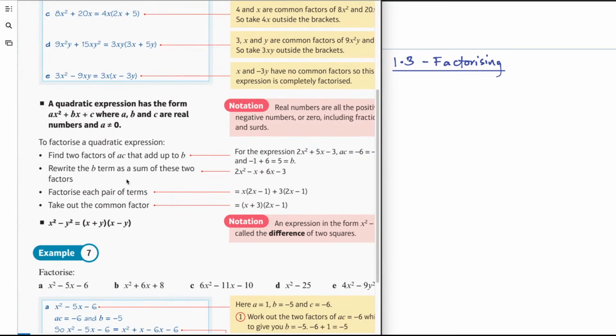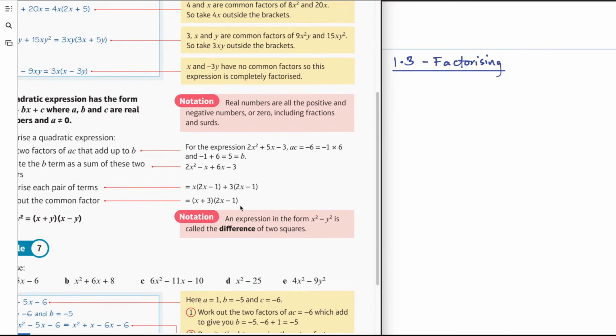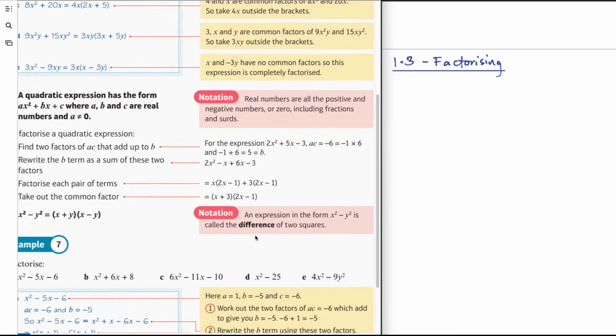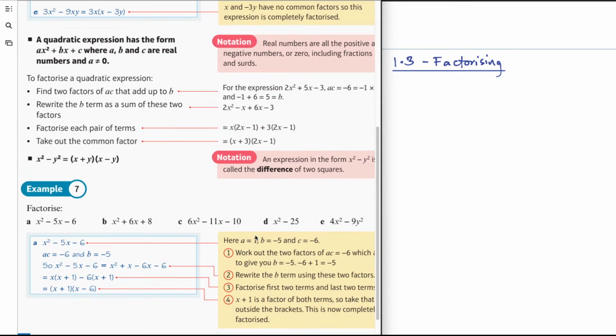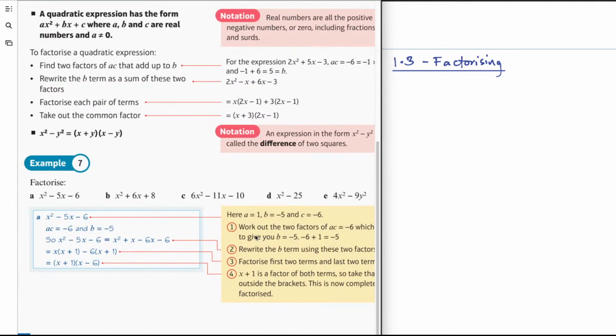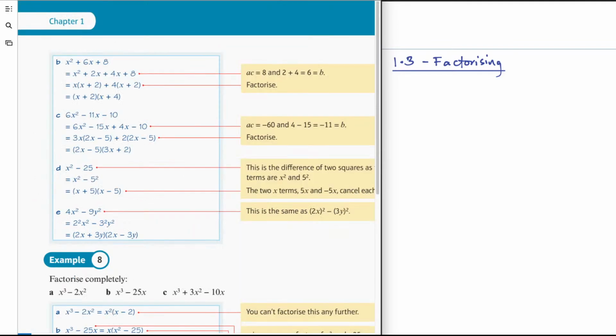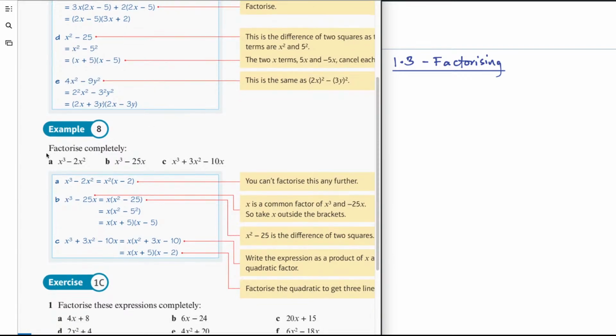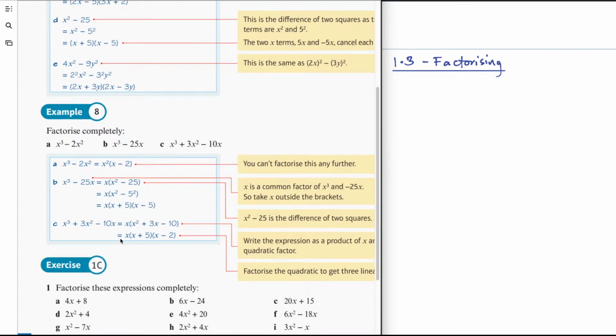And an expression in the form x^2 - y^2 is called the difference of two squares. That's an important note as well. They have some examples of factorizing quadratics, and then some examples of factorizing cubics.